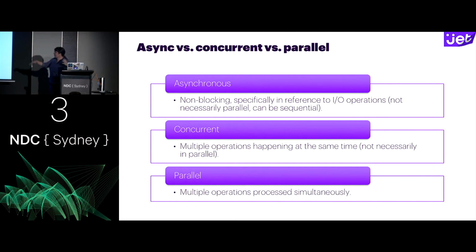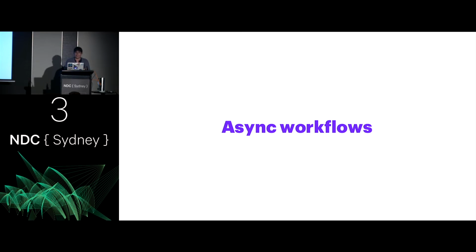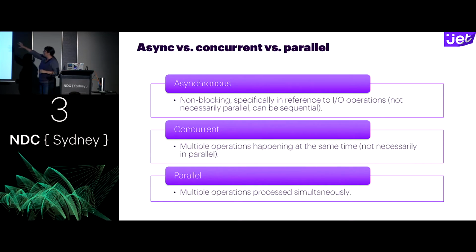So before we actually look at that, let's talk about async versus concurrent versus parallel. A lot of folks, since we're going to be talking about async workflows, let's get that straight. Asynchronous is just non-blocking. Usually it's in reference to I/O operations. It can be something else, but it just means non-blocking. Concurrent means multiple operations happening at the same time, so they're not necessarily in parallel.